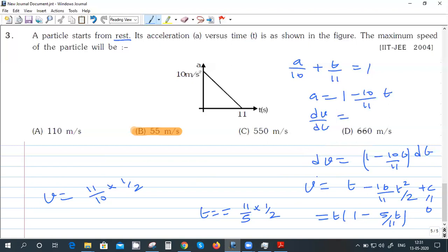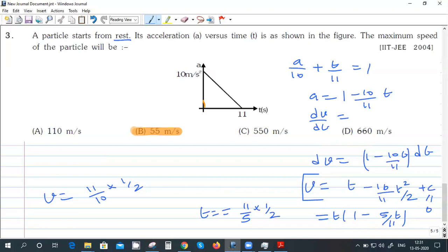Are you following my step? You're getting this expression for velocity. Yes, sir. t minus 5 by 11 t squared, right? If I take t out, this is quadratic with roots at 0 and 11 by 5.